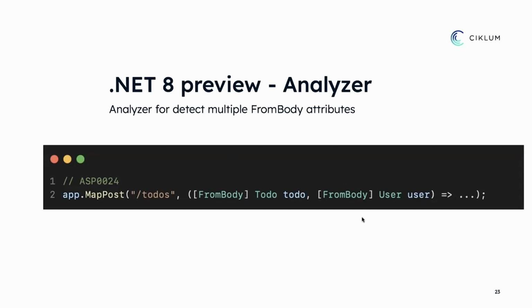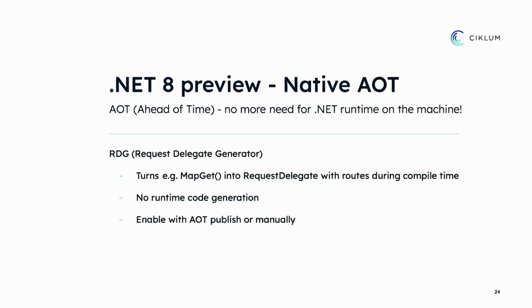If you write something like that, it should warn you: hey, this is not correct, and you should fix that if you want to make it work. This analyzer is not just for minimal API, it's also for controller-based web APIs, and I think it may be handy.